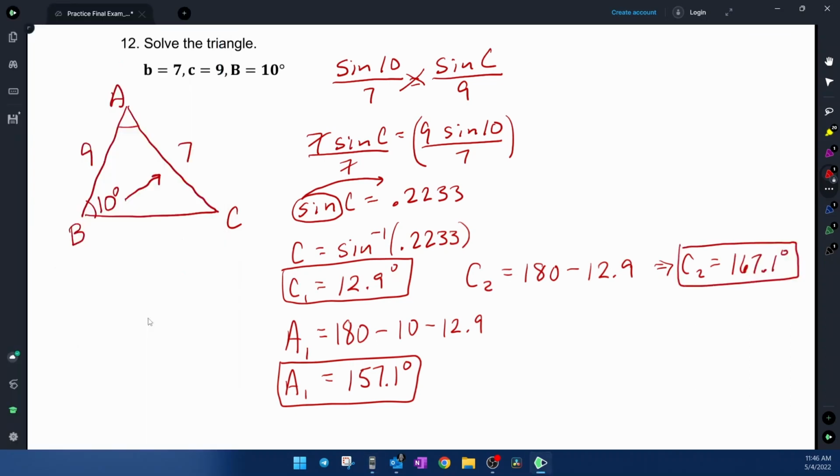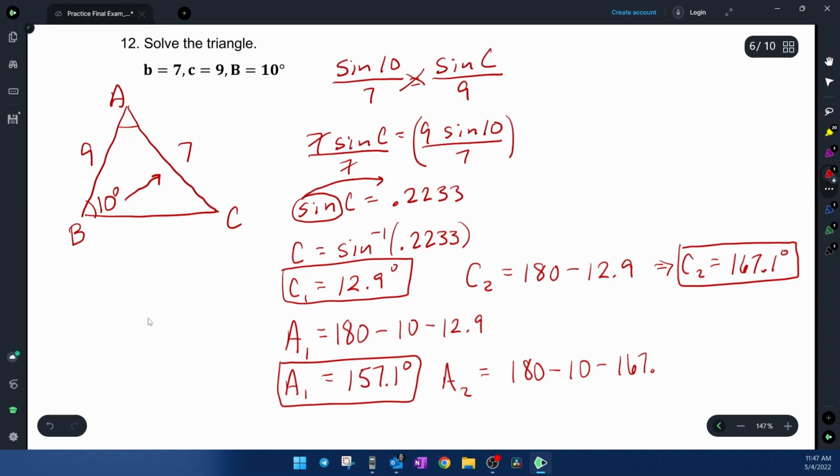And now comes the point where we're going to see if there is actually a second set of answers. If there is a second angle A, it's going to have to be 180 minus the other two angles. So minus 10 minus 167.1.